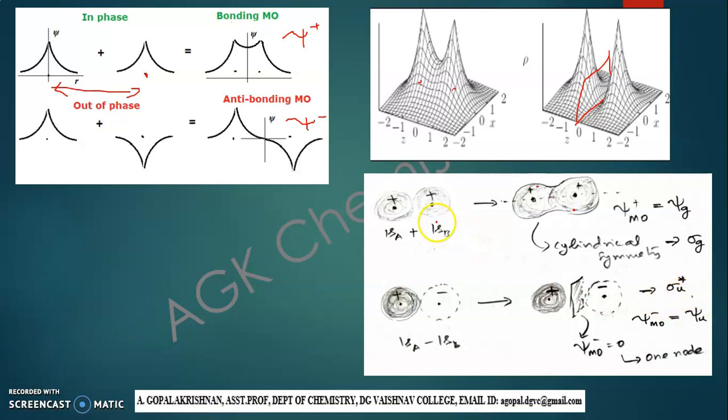When two 1s orbitals combine, you will get sigma g 1s and sigma u star 1s orbitals. Sigma g 1s corresponds to the bonding or ground state molecular orbital, and sigma u star 1s corresponds to the anti-bonding molecular orbital, for some excited state.